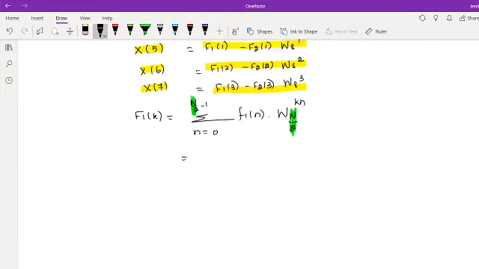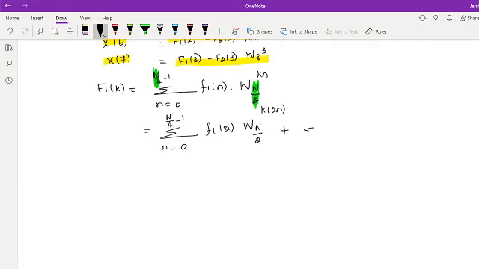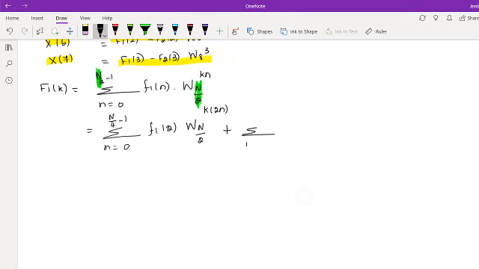So that is equal to summation n equals 0 to N by 4 minus 1 of f1 of 2n into W_{N/2} power k2n, the even part, plus summation n equals 0 to N by 4 minus 1 of f1 of 2n plus 1 into W_{N/2} power k(2n plus 1).